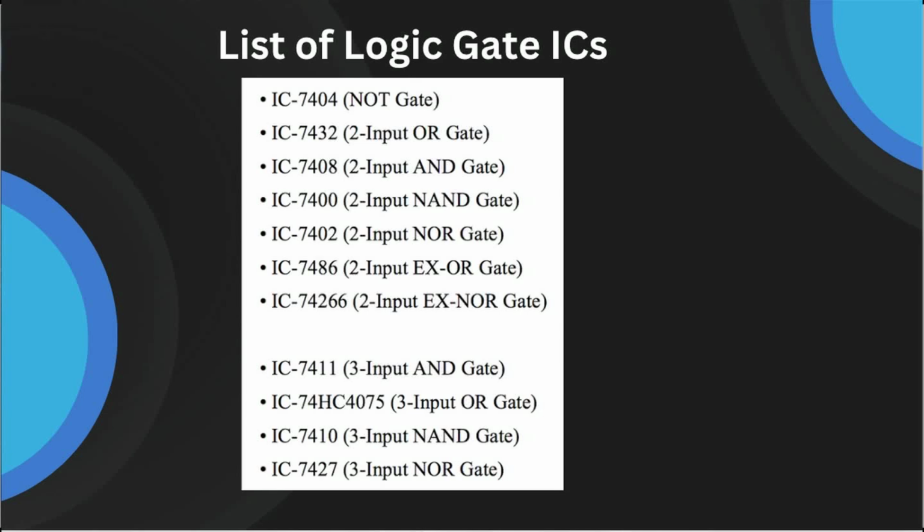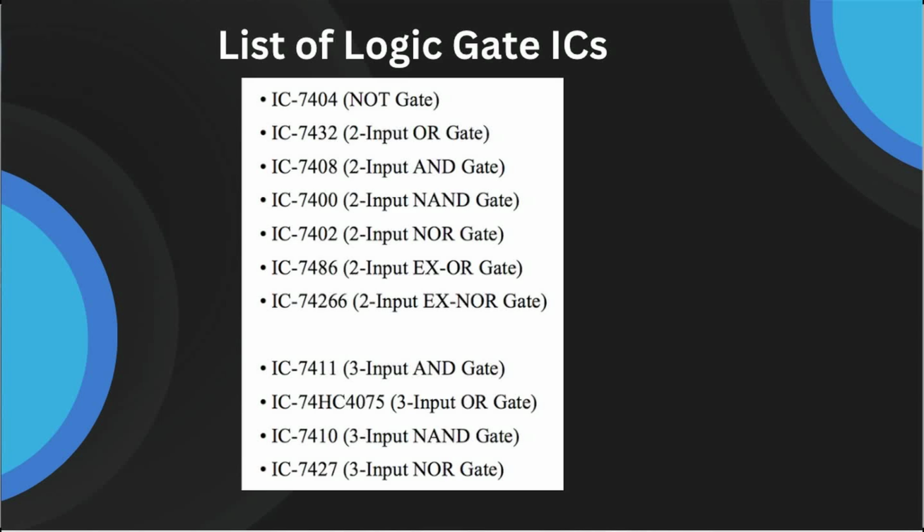IC 7400 is the 2-input NAND gate. IC 7402 is the 2-input NOR gate. IC 7486 is the 2-input XOR gate. IC 74266 is the 2-input XNOR gate.